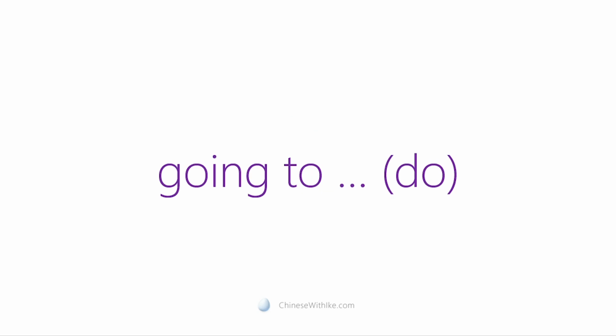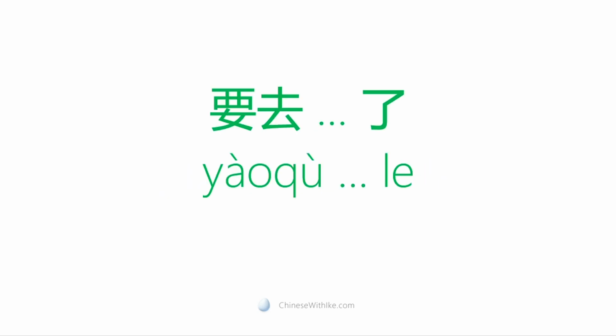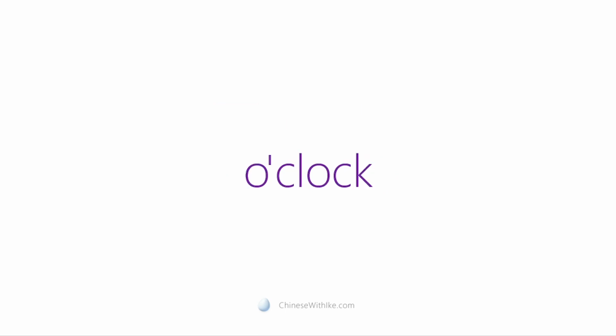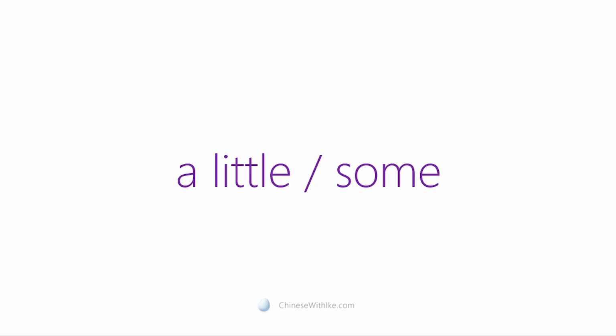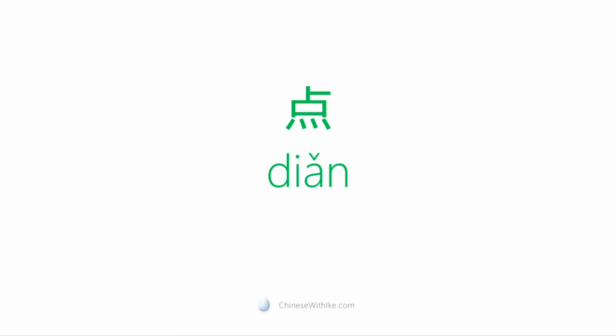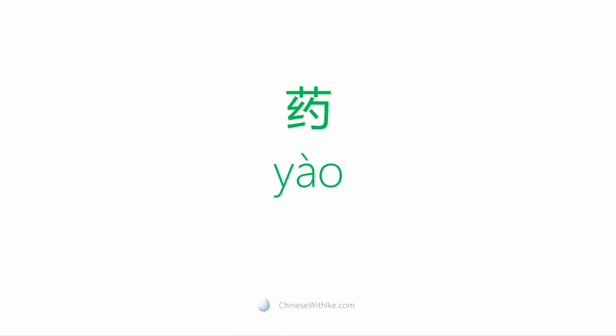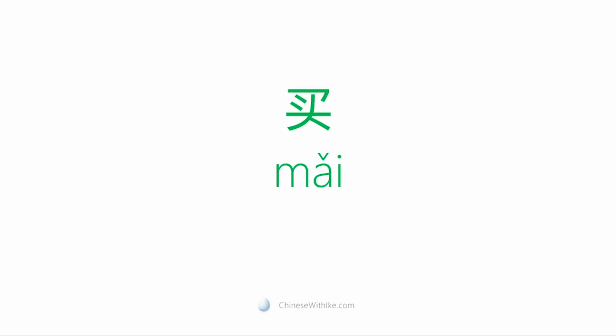Okay, before we finish this course, let's have a quick review of the vocabulary. Go, 去. Going to, 要去了. 1, 2, 3. O'clock, 点. A little, some, 点. Medicine, 药. To buy, 买.